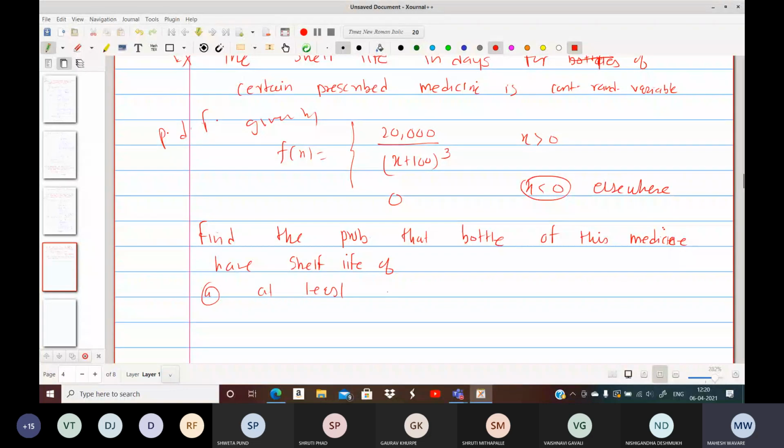At least 200 days, in mathematical symbols, how to write? If x is the random variable for that number of days, then x has to be greater than or equal to 200. And anywhere from 80 to 120 days.